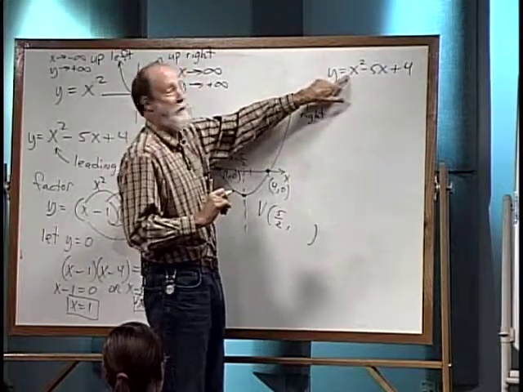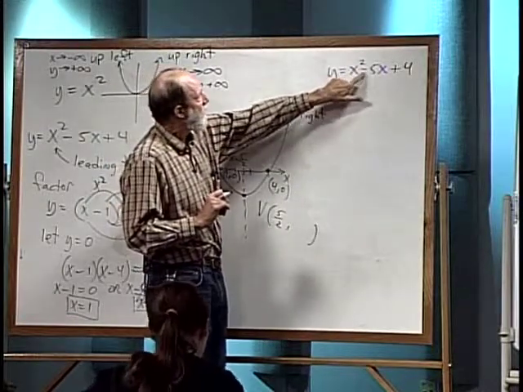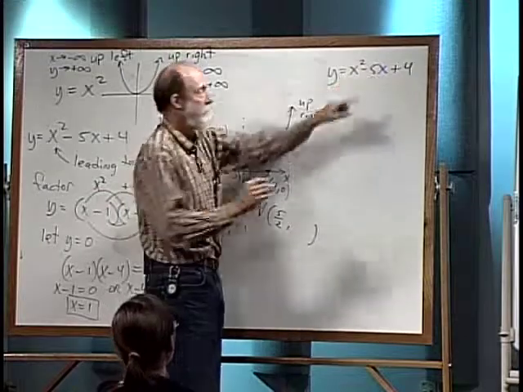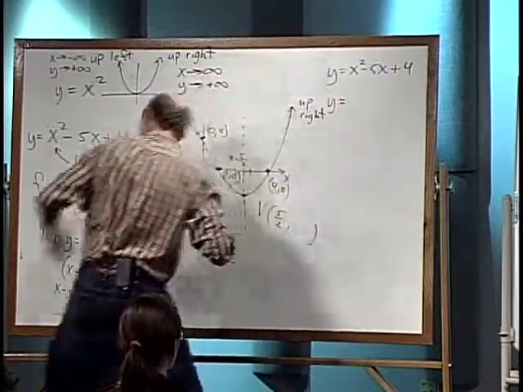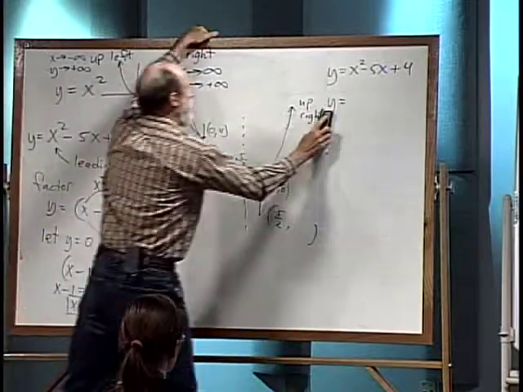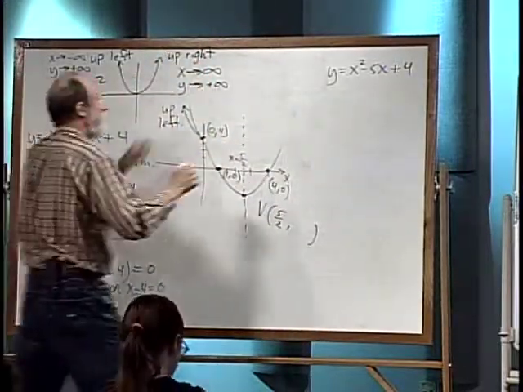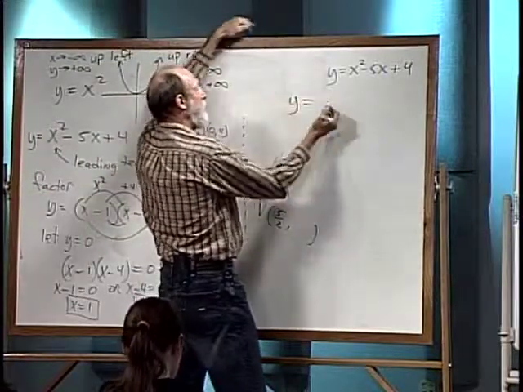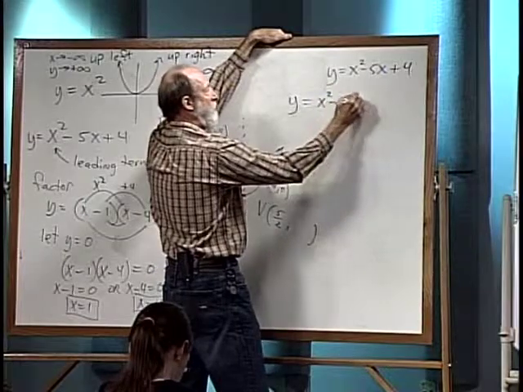And I'm going to do a more complicated one in a couple minutes with you. Now, over here we have negative 5. So what we do is, let me erase this portion of this graph just so I have a little more room. y equals x squared minus 5x.